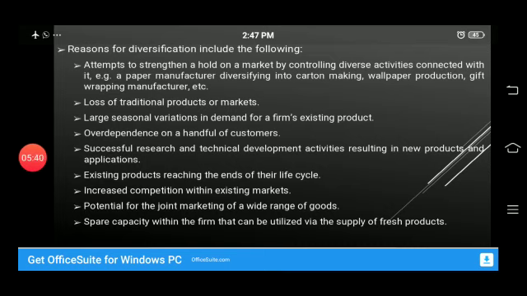Third is large seasonal variations in demand for a firm's existing product. Fourth, overdependence on a handful of customers.